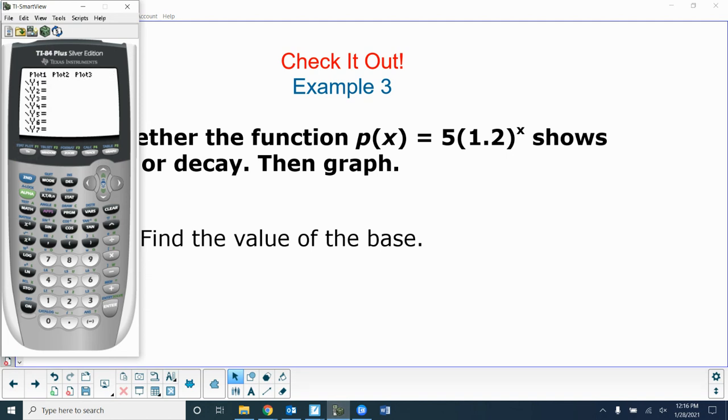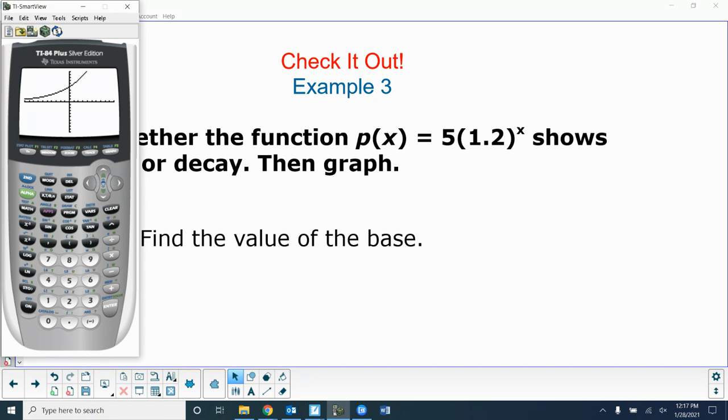So clear it out. 5, parenthesis, 1.2 to the x. All right. Now, when I hit graph, it's probably going to be at what I just had, the zoom 0 one. So I'm going to hit zoom 6 to go back to the normal. Yeah, there it is.